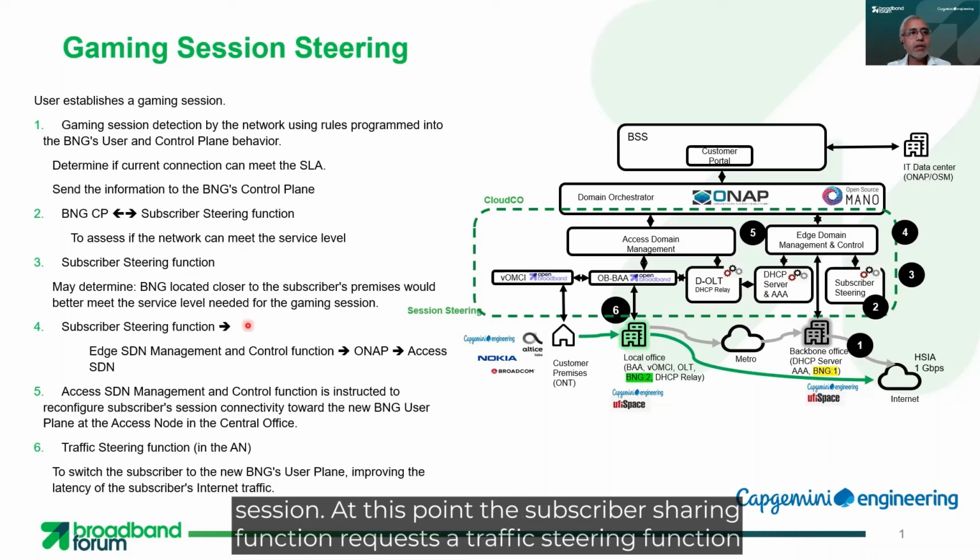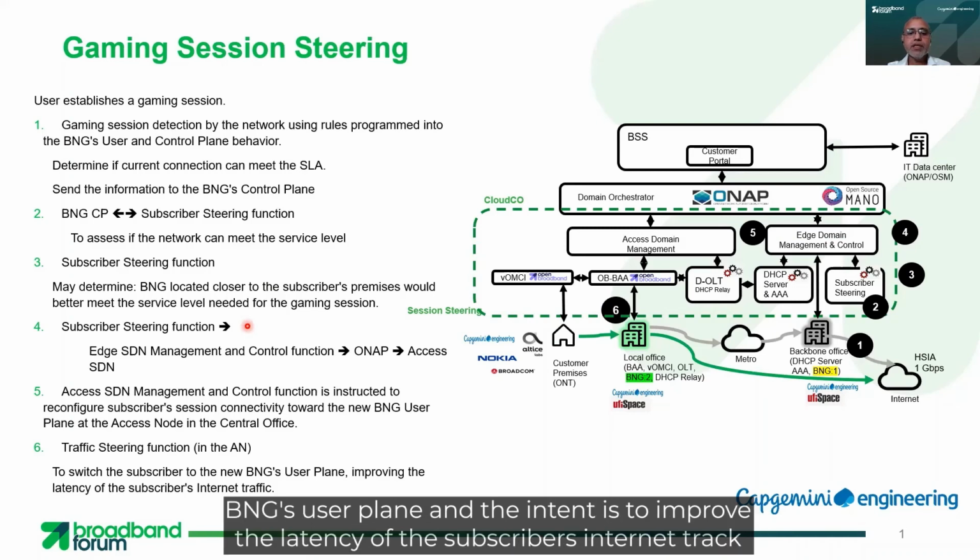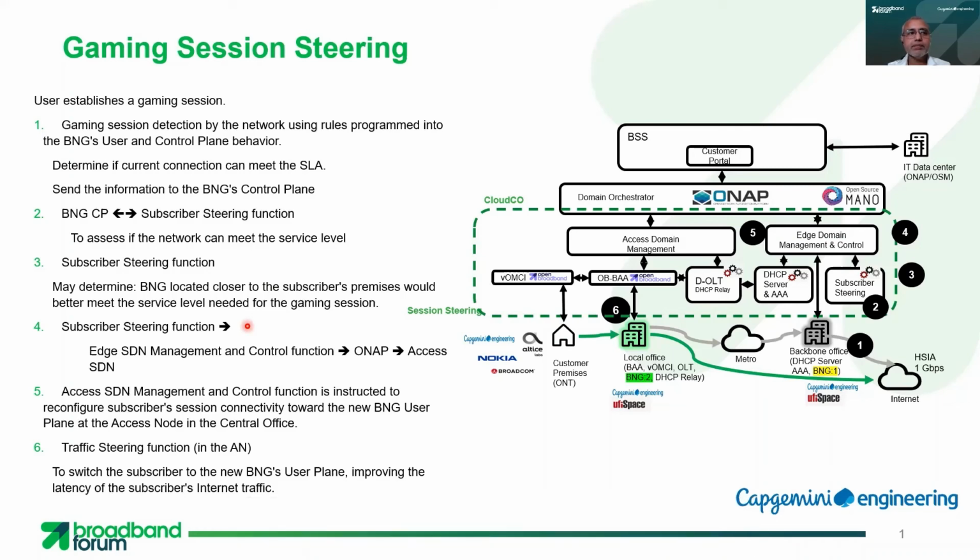At this point, the subscriber steering function requests the traffic steering function, and that happens via the Edge SDN management and control function, to switch the subscriber to the new BNG's user plane. And the intent is to improve the latency of the subscriber's internet traffic.